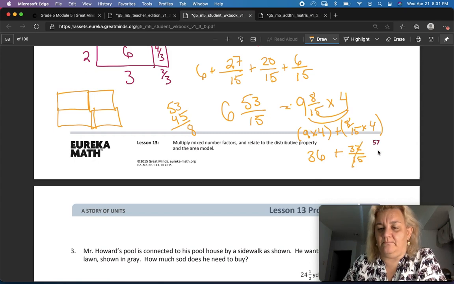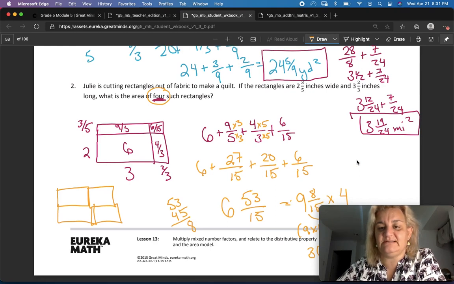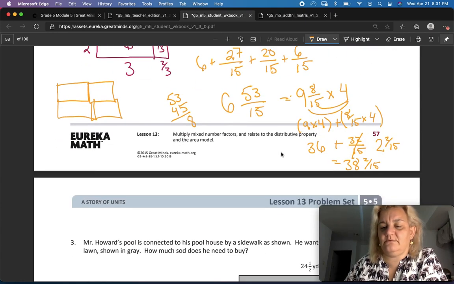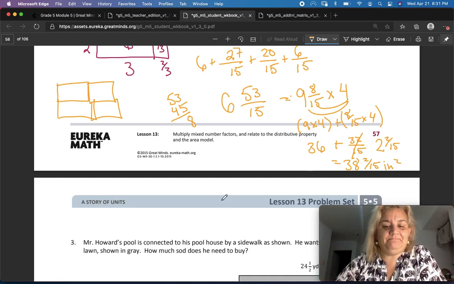I'm going to take that 2 and 2/15, which would make 38 and 2/15. And what are we working with? We are working in inches, so 38 and 2/15 inches squared. So that's about like that. If she did that 8 more times, she'd have a full bedspread.